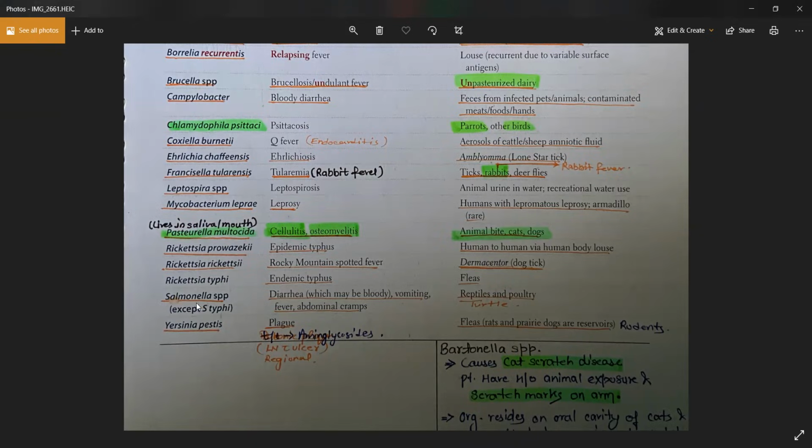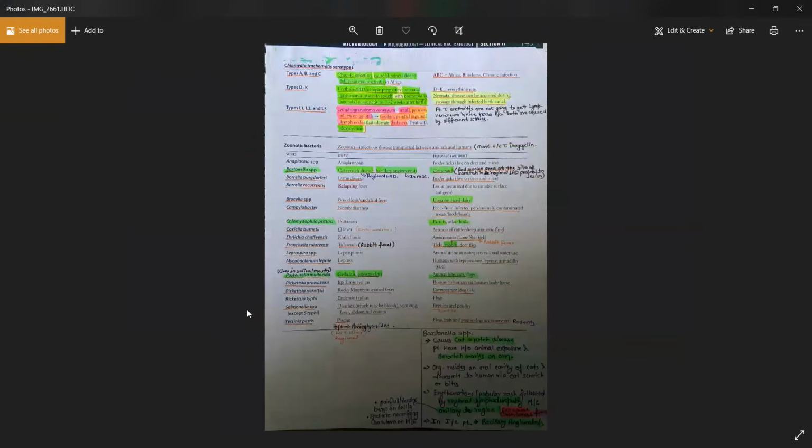Okay, these are the species, not the typhoid, which are causing the osteomyelitis in sickle cell anemia. And generally, if they do not give you a history of sickle cell anemia, then the most common bacteria that causes osteomyelitis is your Staphylococcus aureus. And if they give you a history of sickle cell anemia, then you will choose the Salmonella.